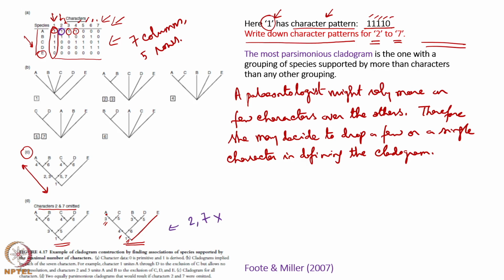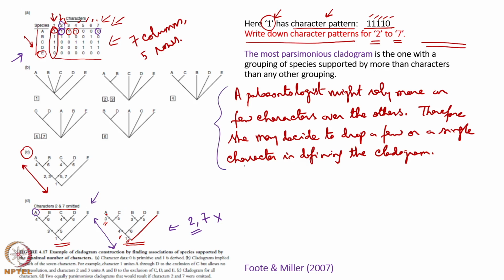So, even if here it is 1, that means character 2 is present, character 2 has been avoided. Character 7 anyway was absent here and therefore, character 7 does not come for species A. In this way, look carefully at the matrix and tally each of these species' characters.